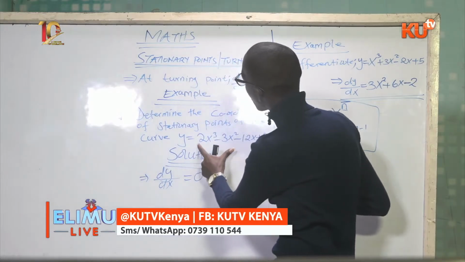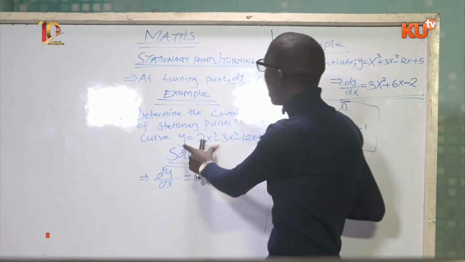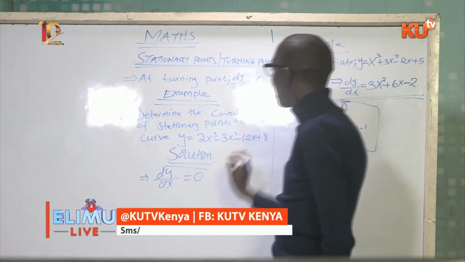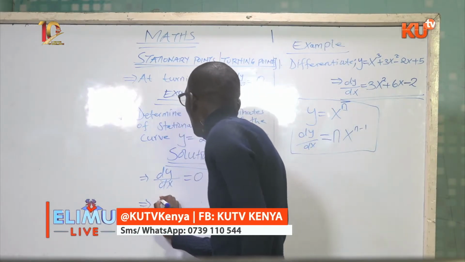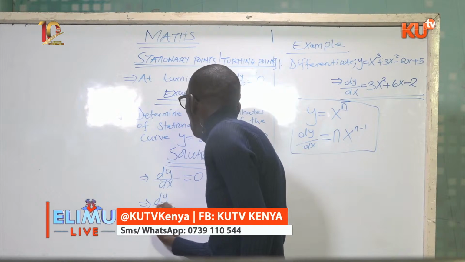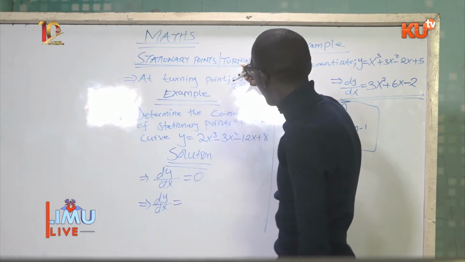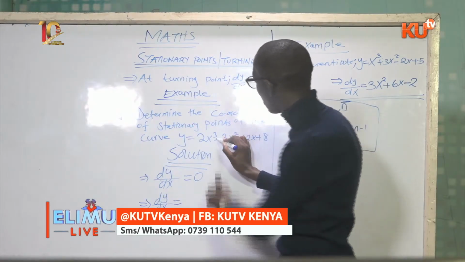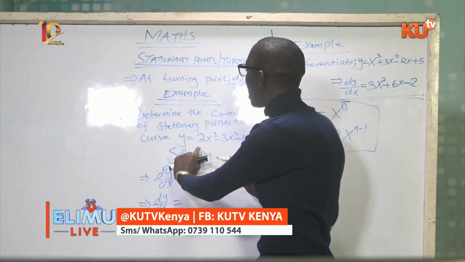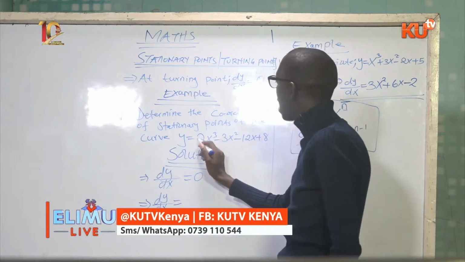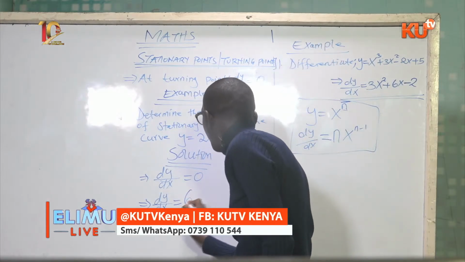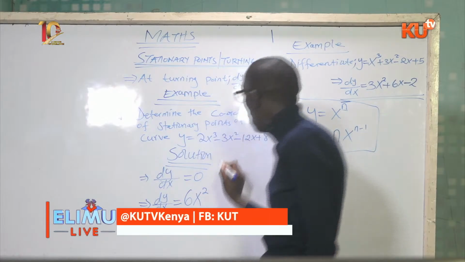So we have to get the dy over dx of our curve, where we say we differentiate our curve. dy over dx is equal to, remember differentiating, we bring the 3 here, there is a 2 here, so 3 times 2 is 6, so it's 6x squared.